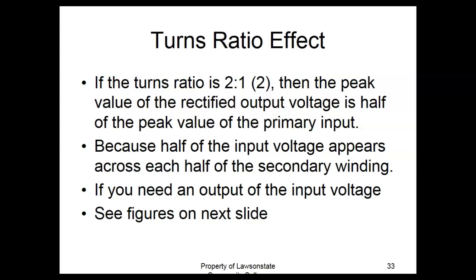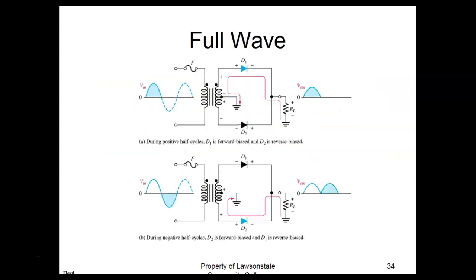We talked about turns ratio. A lot of the things talk about turns ratio, and they'll come over here. Normally, I've never seen anything where the secondary is a 1. One side is always going to be a 1.